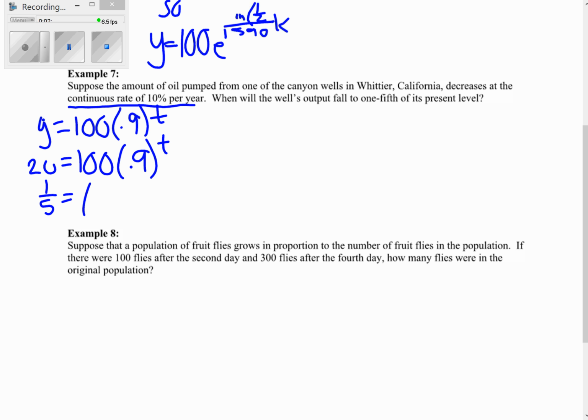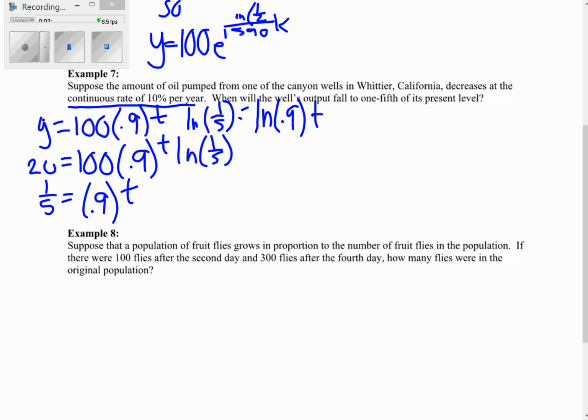There, that's where that 1/5 came in. 20 equals 100 times 0.9 to the t. Solving that, we get ln of 1/5 equals ln of 0.9 times t, and ln of 1/5 over ln of 0.9 equals my t.